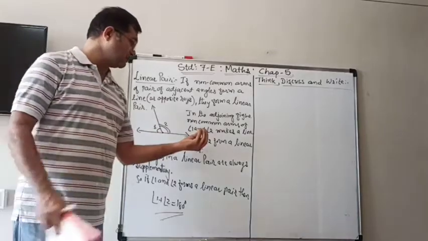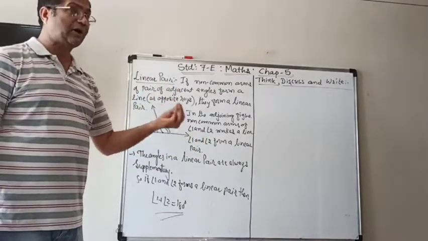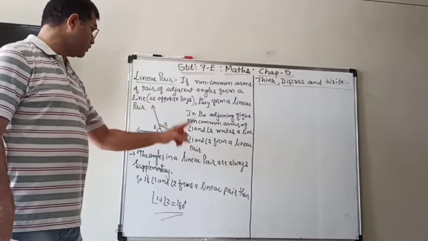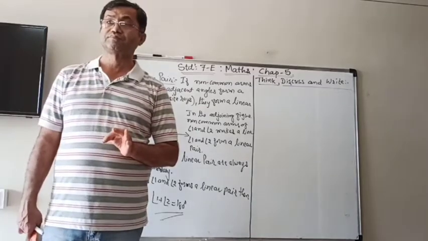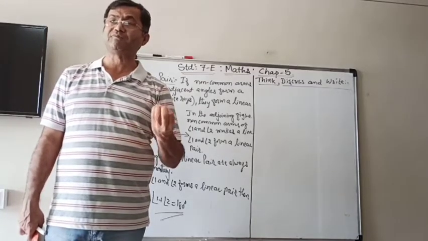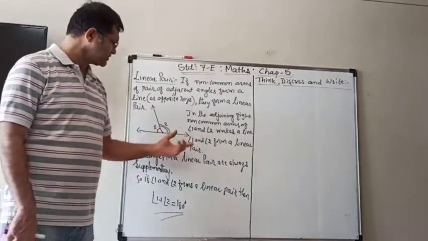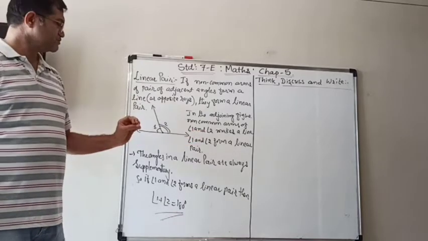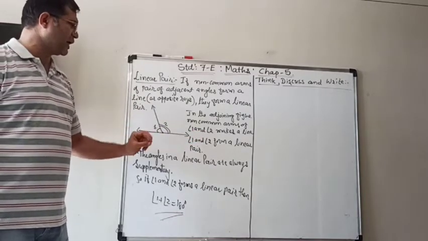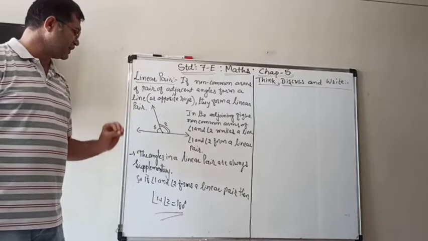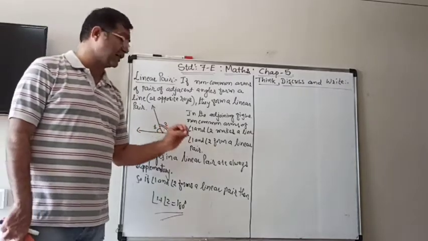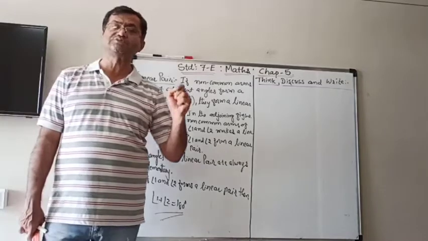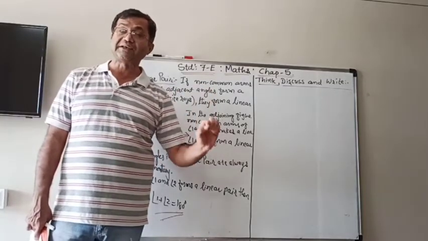So now the one important result about the linear pair is that the angles in a linear pair are always supplementary. Supplementary means the sum of them will be 180. Because it makes a line, you can see that angle 1 plus angle 2 will make a straight angle. So they are always supplementary. It means that the sum of the measures of those two angles will be 180 degrees.